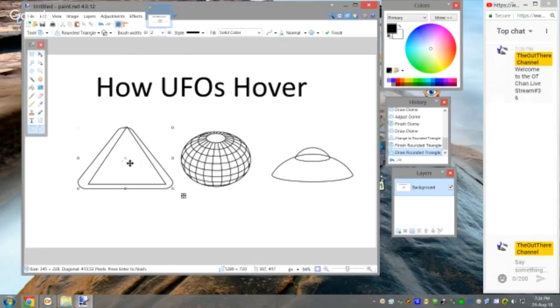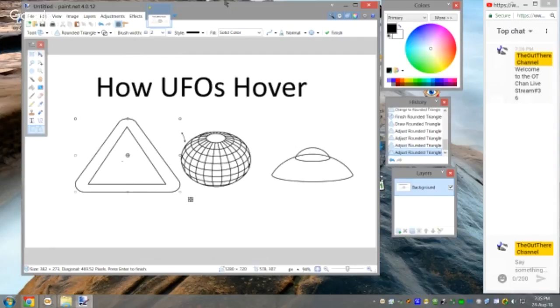Yeah, it looks better. The TR3B. It's not looking too bad.